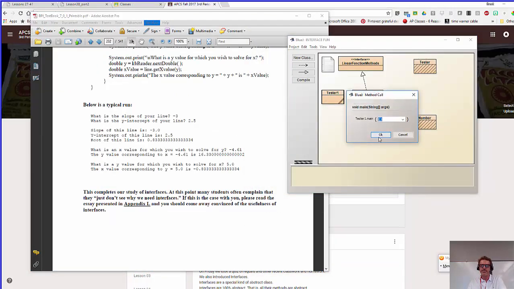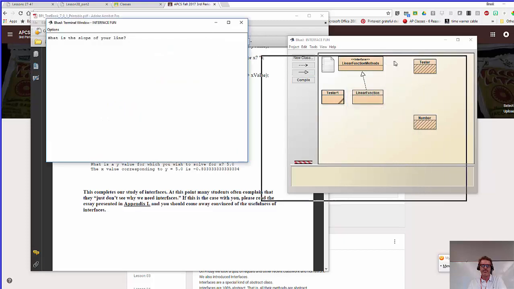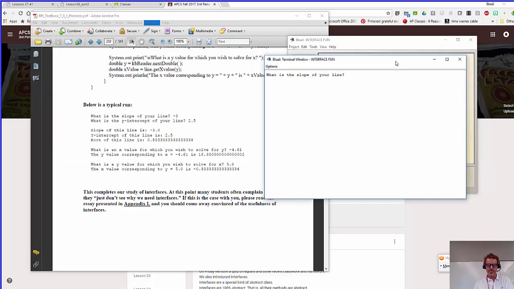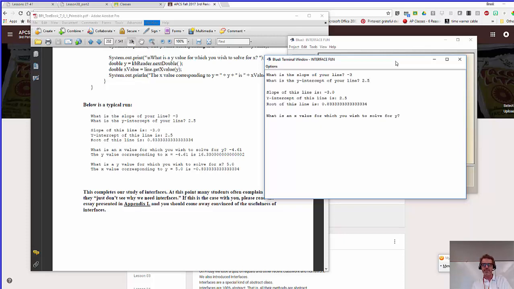Let's see. What's the slope? -3. What's the y-intercept? 2.5. That work? -3.0. Looks good. And now it's good so far. Now it's asking for an x value for us to solve for y. -4.61.